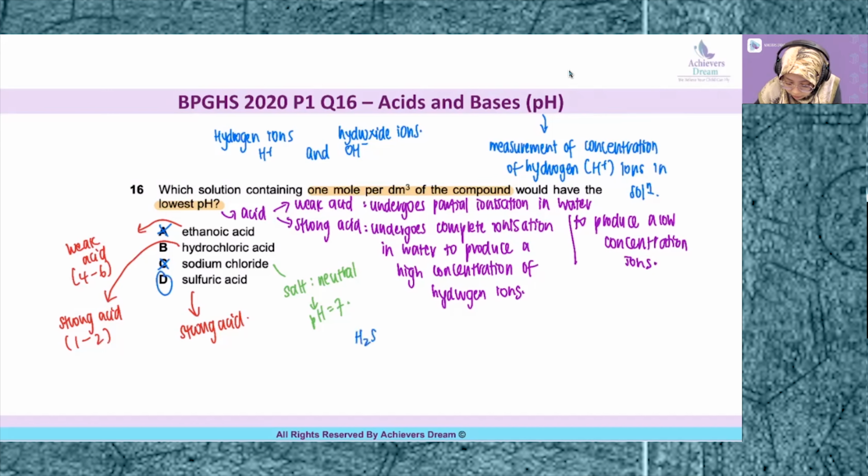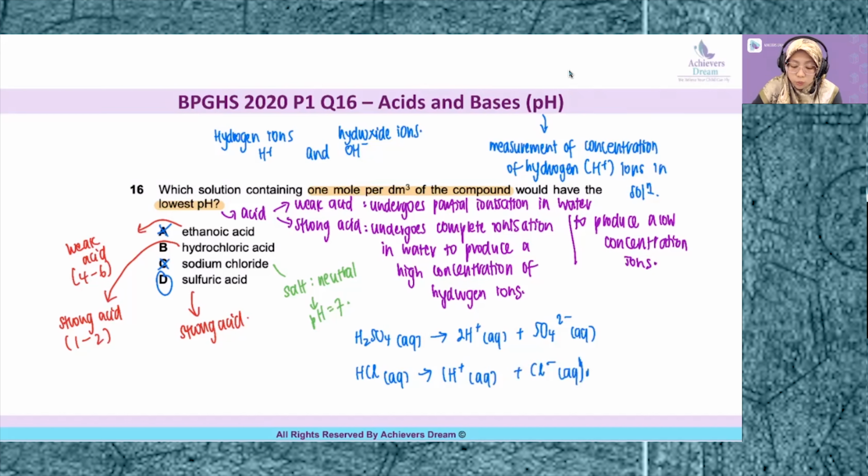Let's compare the equations of ionization. 1 mole of H2SO4 produces 2 moles of H plus ions and 1 mole of sulfate ion, whereas 1 mole of hydrochloric acid only produces 1 mole of hydrogen ion and 1 mole of chloride ion. What do we need to compare to determine which one has the lower pH?